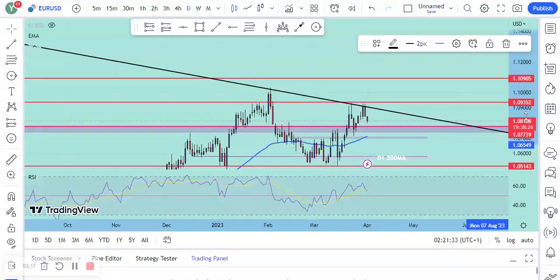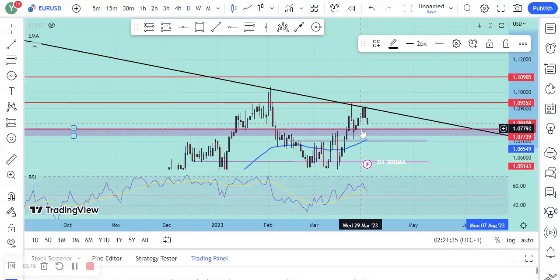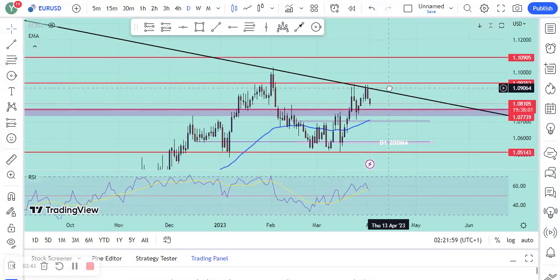Looking at the daily time frame, we realize that price first tested the zone on Wednesday, March 22, rejected, and retested it again, but unable to break it on Thursday, 30th of March 2023, and still unable to break it.